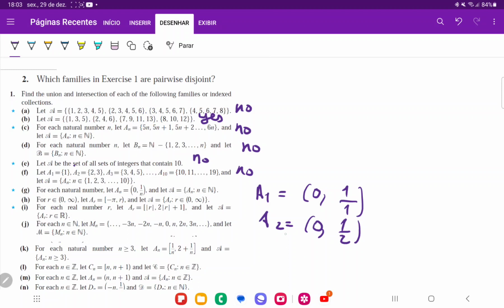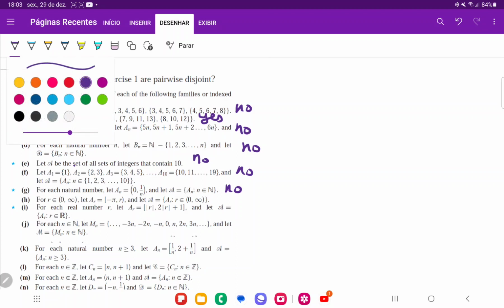So these are not pairwise disjoint because if you take, like, a quarter, it is going to be here in the middle, right? And a quarter is also going to be here. So definitely not pairwise disjoint. So that's a no.